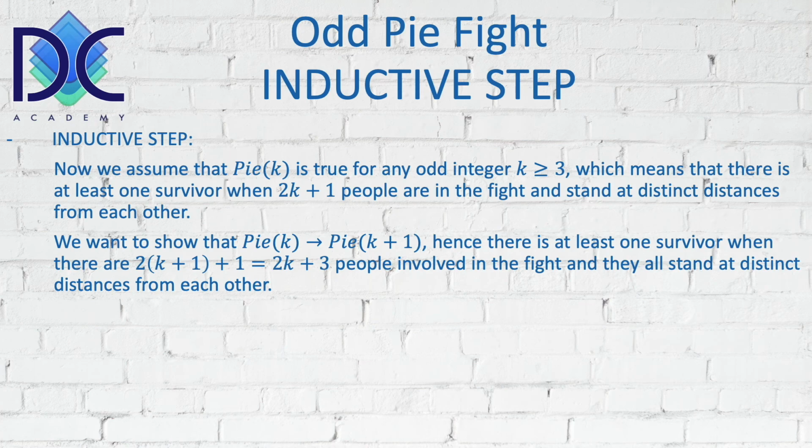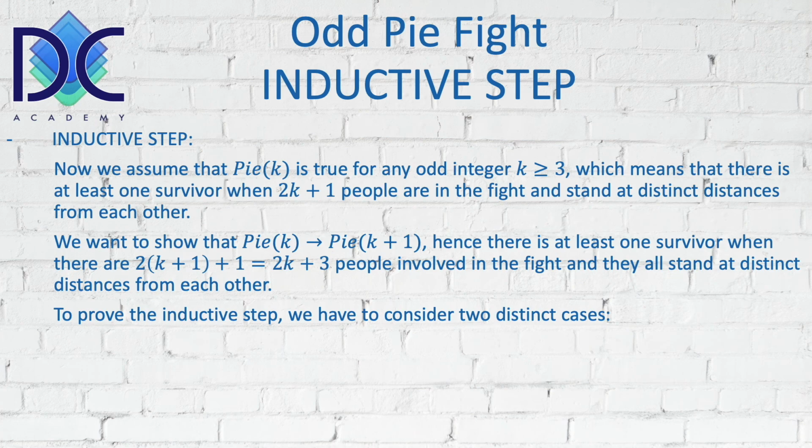It's very important to keep in mind that the people stand at distinct distances from each other. They're not at the same distance, they're at different distances, so basically people throw a pie at the person who is the closest to them. Now, when we look at the inductive step, we have to consider two distinct cases.